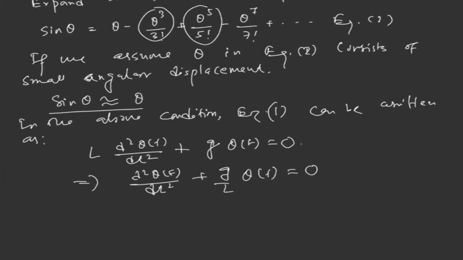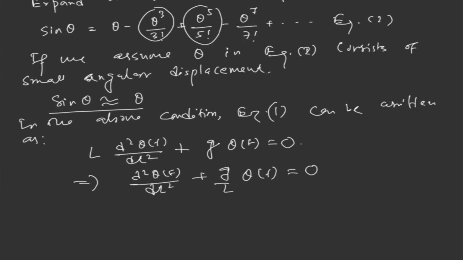So this is a simple ordinary differential equation, and we can come up with a solution. I'm not going to discuss how we can solve it, it's very easy. Because this is a second order system, we'll have two roots, and those are basically complex conjugate roots.